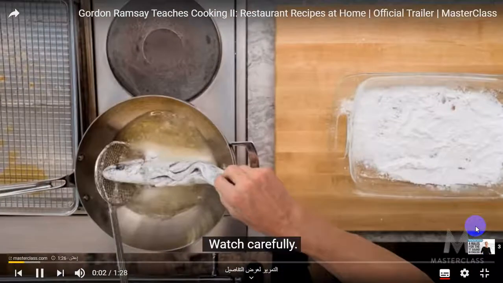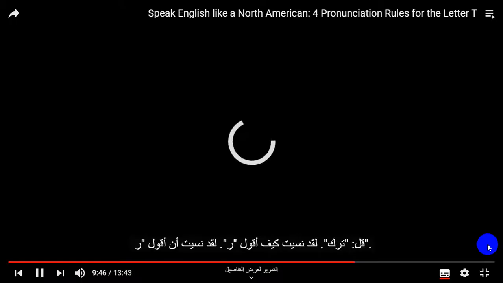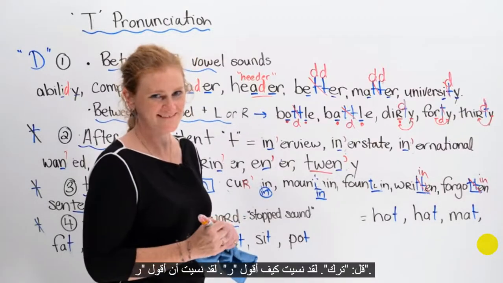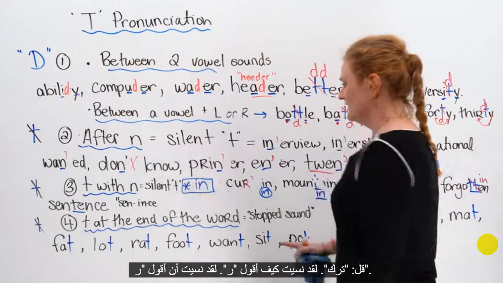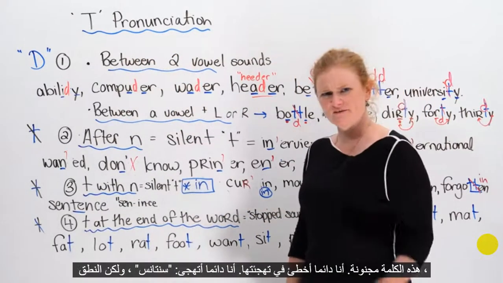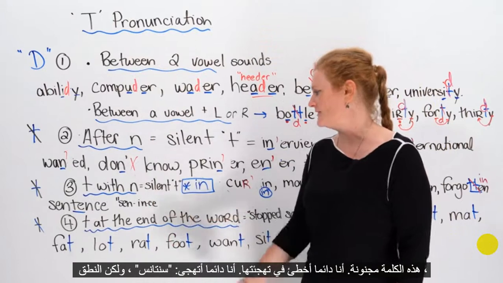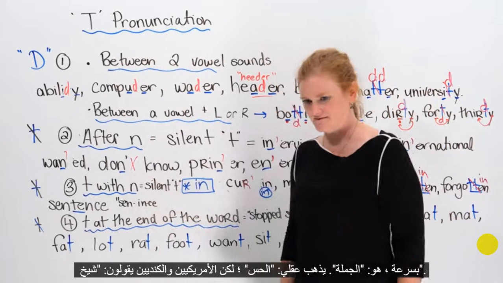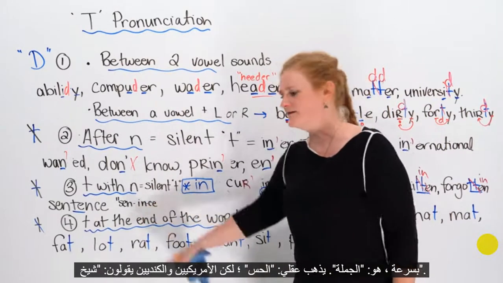Watch carefully. I've forgotten how to say the T. I've forgotten to say the T. This word is crazy. I always spell it wrong. I always spell it S-E-N-T-A-N-C-E, but the pronunciation quickly is sentence. My brain goes sentence, but Americans and Canadians say sentence.